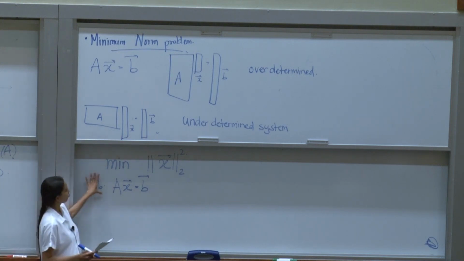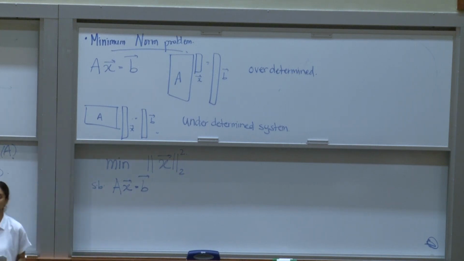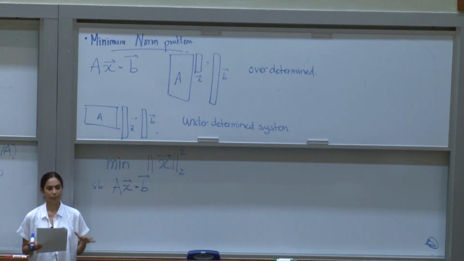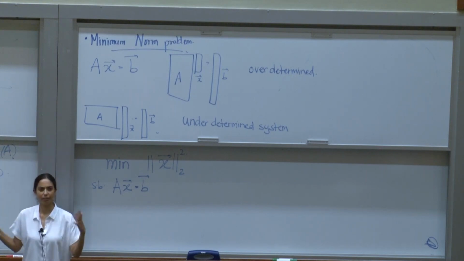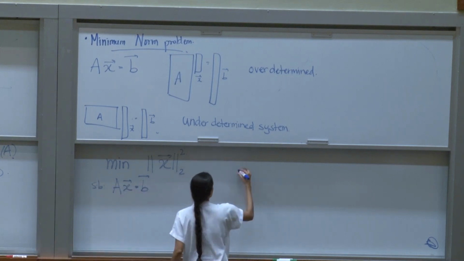So now we're going to try and solve this using what we just proved in the fundamental theorem of linear algebra. And we're going to try and understand this minimum norm property. Okay? So how are we going to do this? Based on what we've been thinking about so far, let's think about this collectively, right?